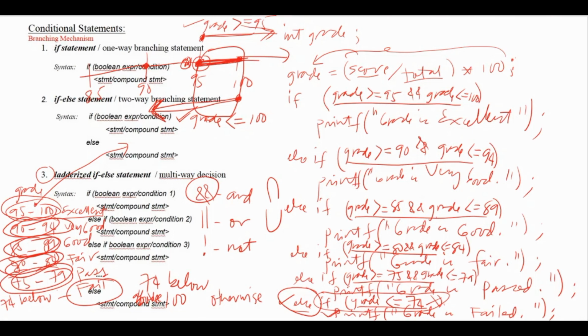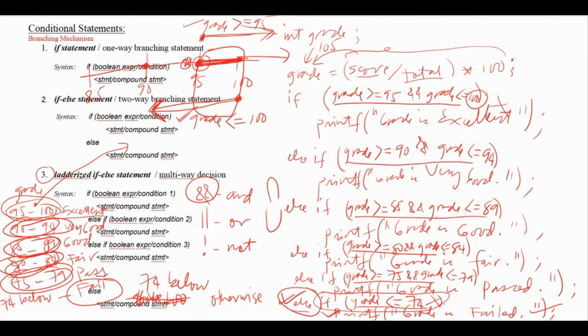Because what if the value of grade is 105 because the student was able to answer the bonus points, and so instead of 100 perfect score, he or she obtained 105. And so it's not excellent because the excellent grade is only until 100, and so it falls in the else block. That's why, to avoid that from happening, we need to specify the condition for a failing grade. And that condition for failing grade is grade less than or equal to 74.